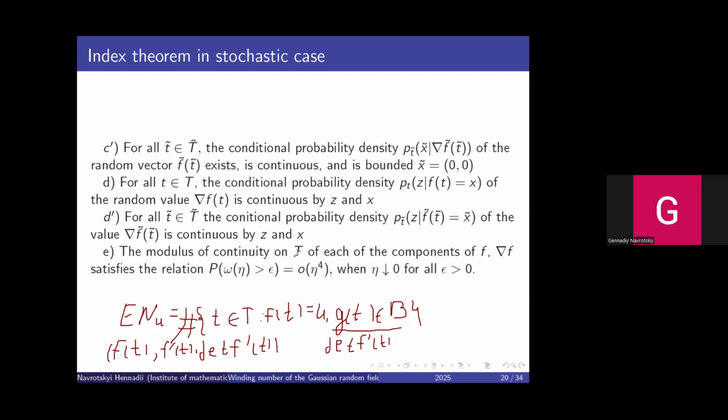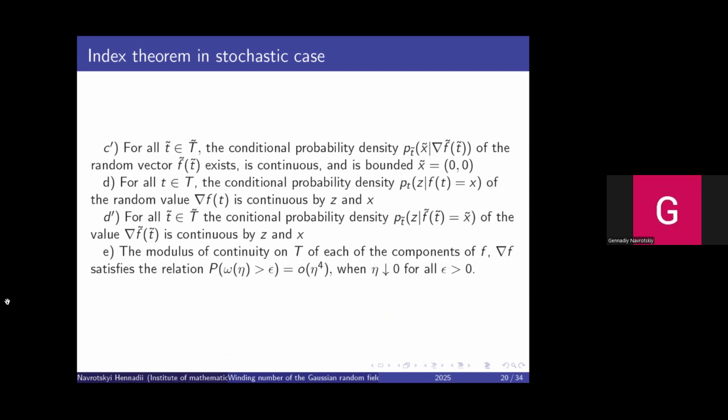So such a matrix will be degenerate. Therefore, we can't just apply the expectation meta theorem. Well, clear.